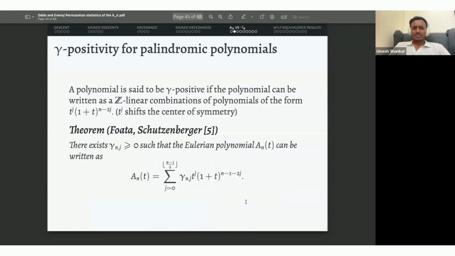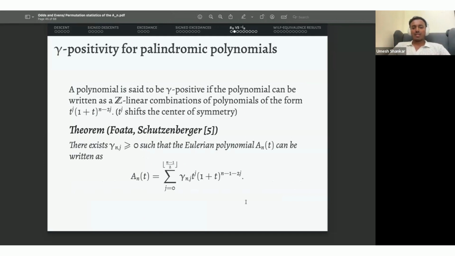A polynomial is said to be gamma positive if it can be written as a linear combination of polynomials of the form t^j (1 + t)^{n-2j}. Okay, there's a small typo here. This t^j shifts the center of symmetry of the binomial (1 + t)^{n-2j}, so that they all match.